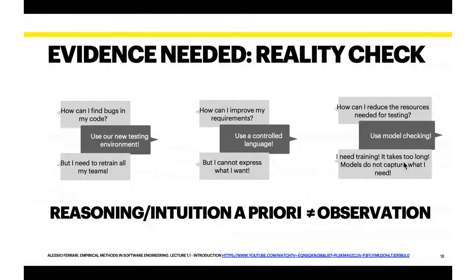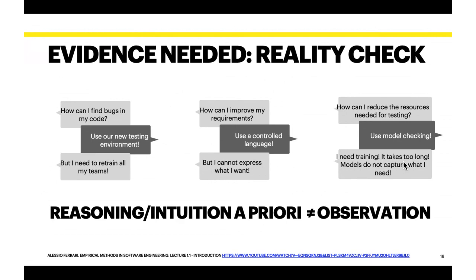So the evidence is needed because of the reality check. And if you think about it, lots and lots of software engineering solutions were based essentially on good intentions of developers, or maybe on some ideas of those developers, how the world should look like.